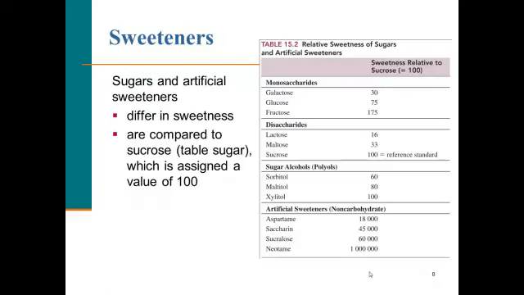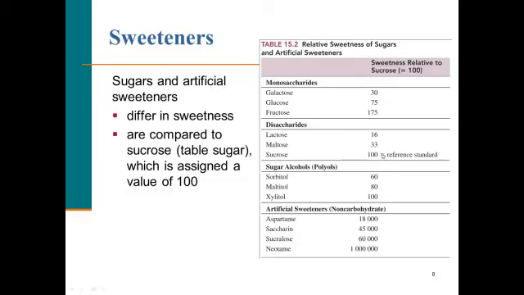So sweeteners, primarily the mono and disaccharides we've been talking about, are ranked, or given a value for the relative sweetness as related to sucrose. So sucrose is our reference standard. Again, that's table sugar. It's given a value of 100. And all the other molecules are given a value in relation to that.